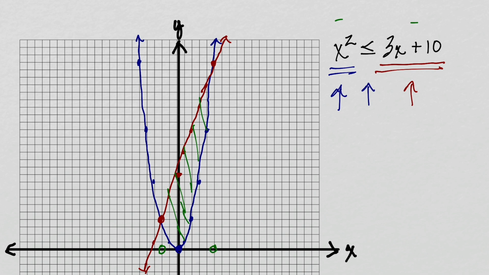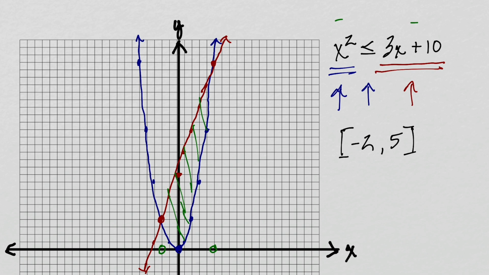So I know that this blue curve is below the red curve between negative 2 and positive 5. So my solution is going to be between and including negative 2 up to and including positive 5.